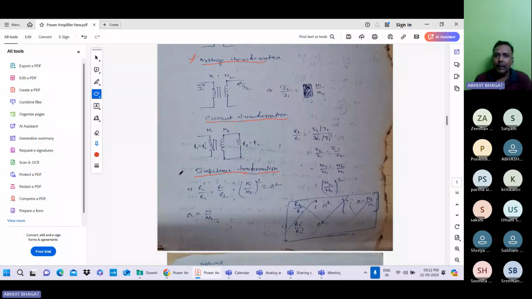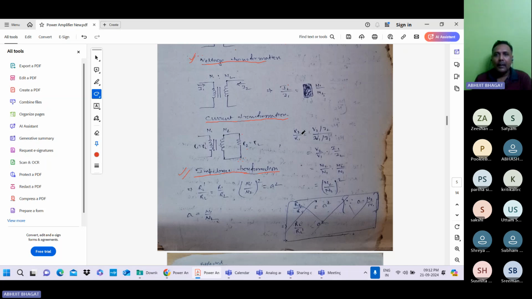It will be decided by the impedance transformation. Suppose the load RL is connected across the secondary side, and RL is equal to R2, then what is the effect of this load across the primary side? You will get it from this impedance transformation.